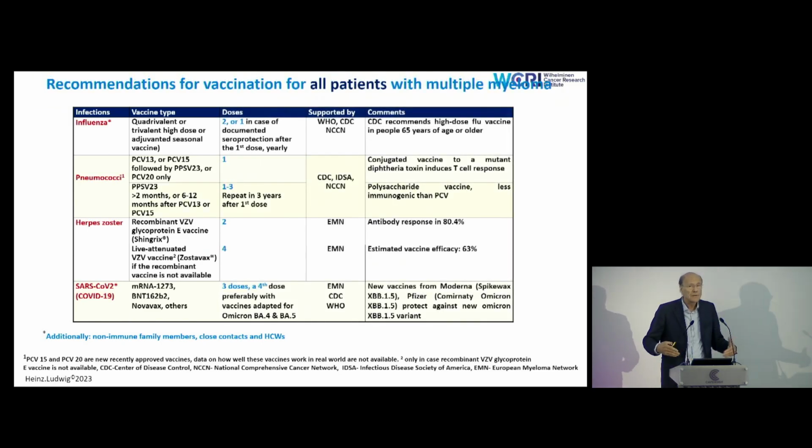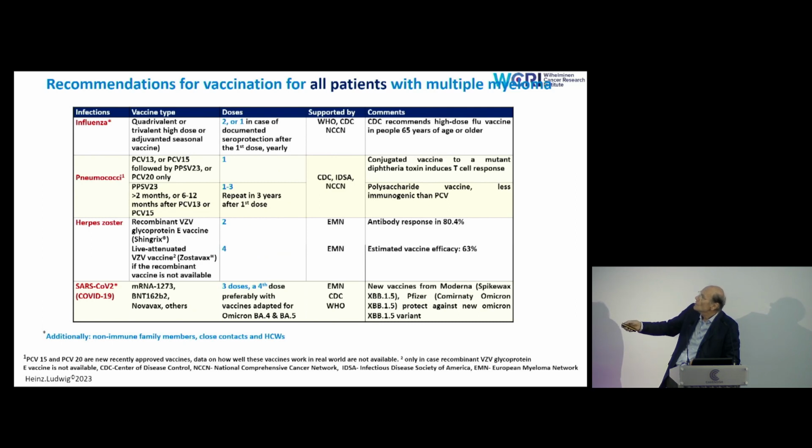And of course, we all know that myeloma patients, and particularly those with ongoing, active disease, have reduced immunoreactivity against antigens, vaccines. So it's recommended, but it's difficult to do in clinical practice, to either check the antibody response or more easily to give the patient 2 doses of a preferentially quadrivalent influenza vaccine.